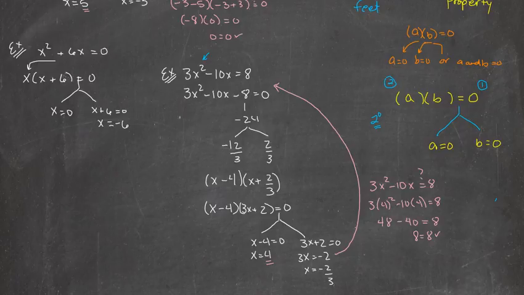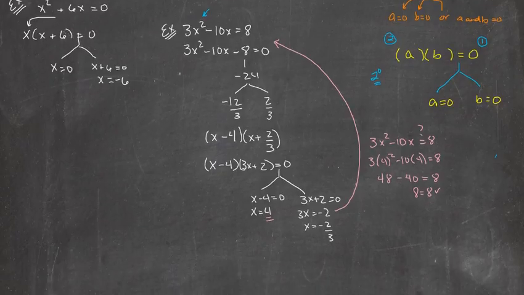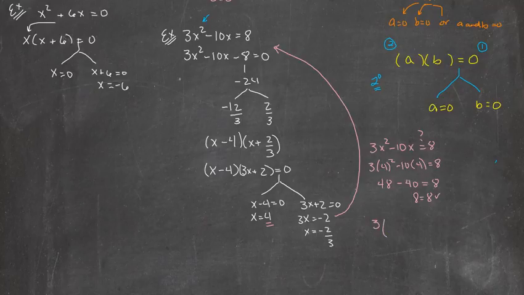Now let's check -2/3. 3 times -2/3 squared minus 10 times -2/3 equals 8. We're not sure if that's true. So we've got 3 times, well, the numerator squared is 4. The denominator squared is 9, minus 10 times, well, multiply across the fractions. That'd be a 10 over 1.